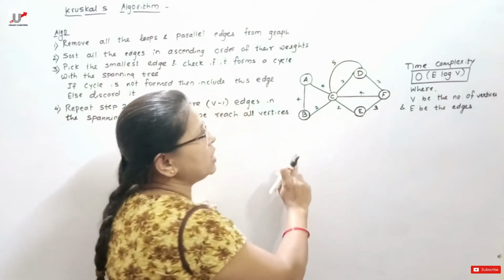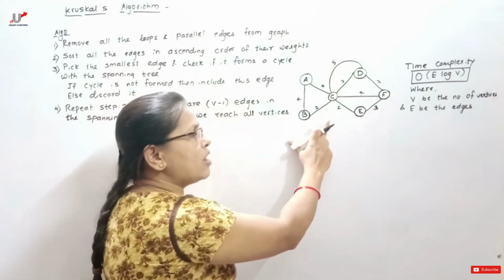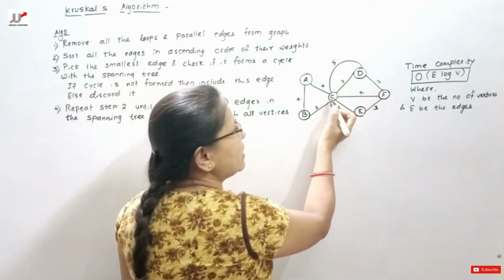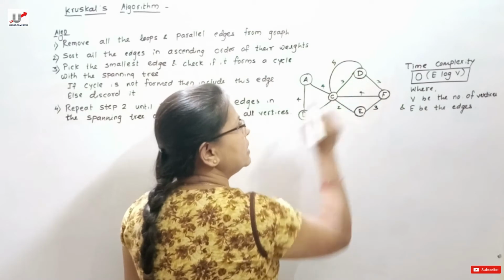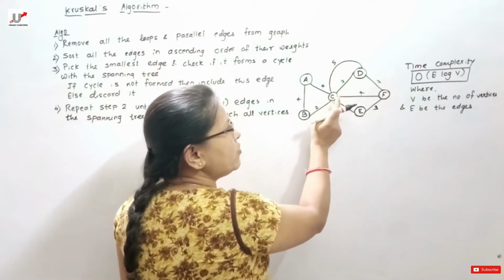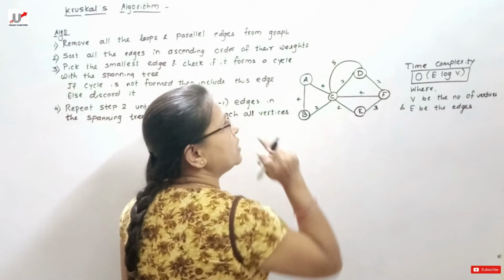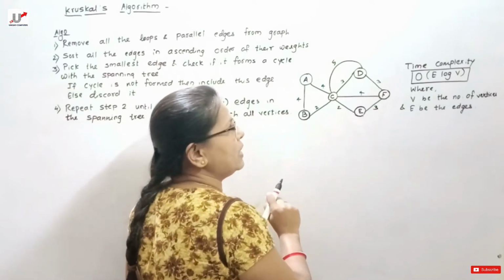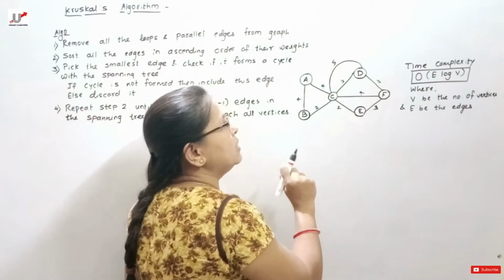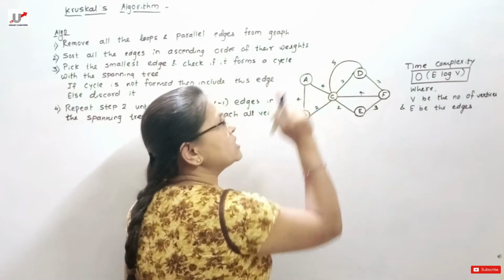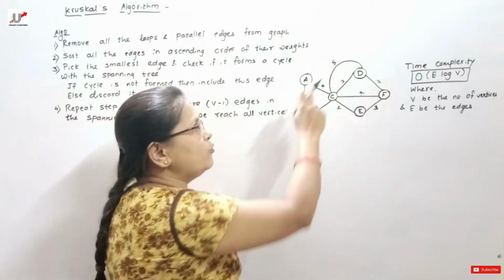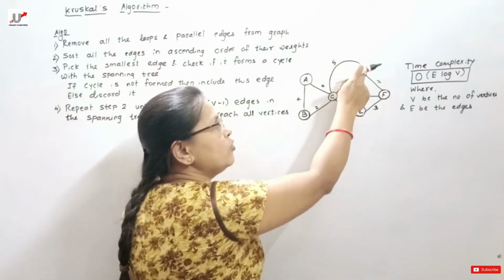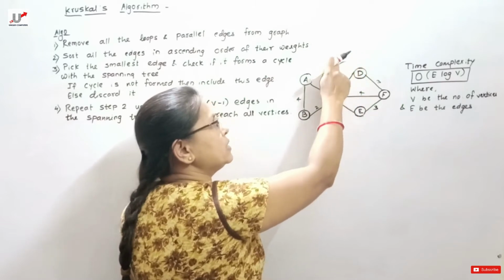Then we have to check whether this graph contains a parallel edge. Yes, there is a parallel edge between node C and D, one having weight 3 and another one having weight 5. So we have to remove the parallel edge in such a way that the edge having maximum weight should be removed from the graph and keep the edge which has the minimum weight.